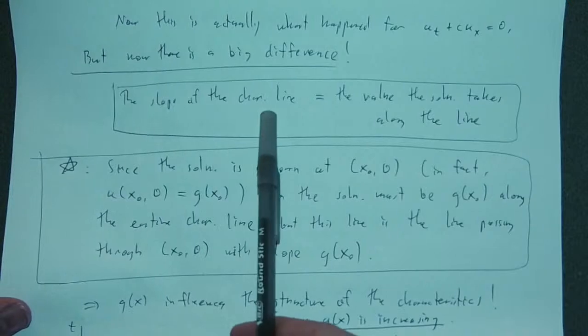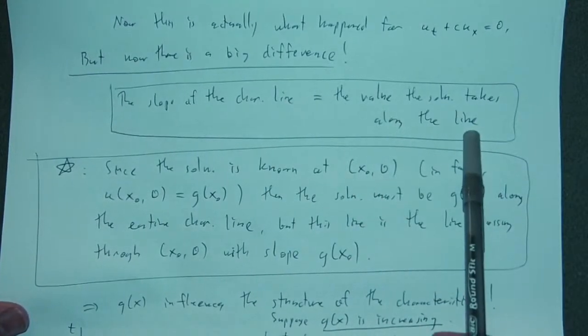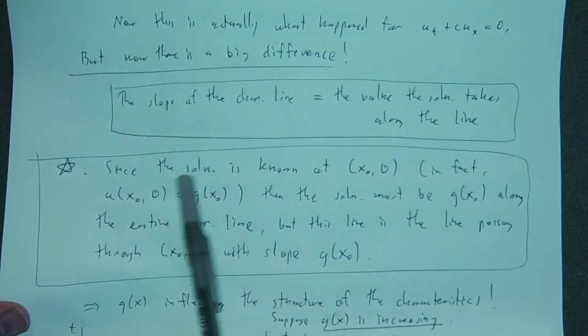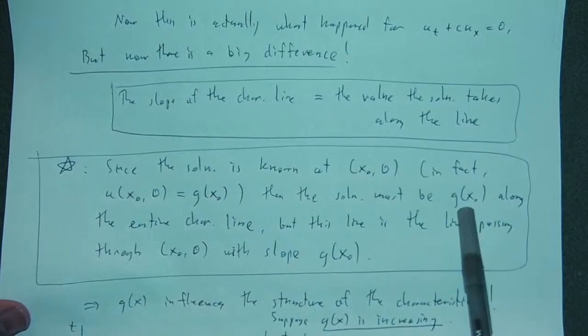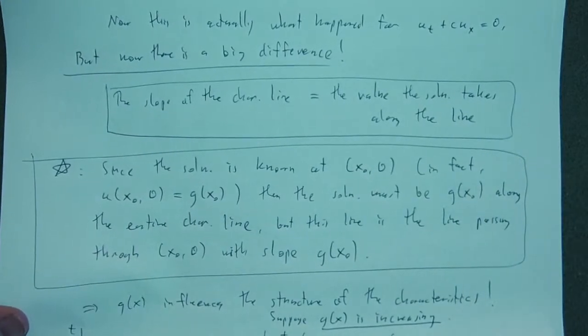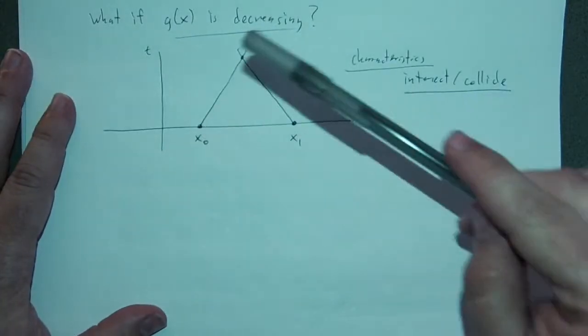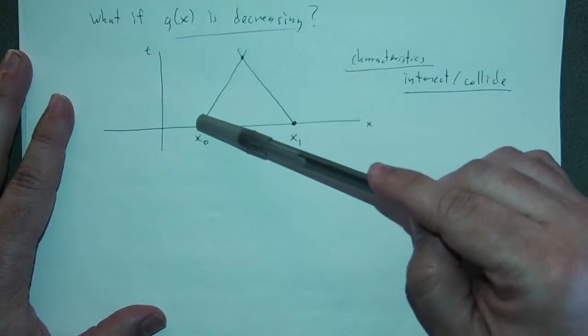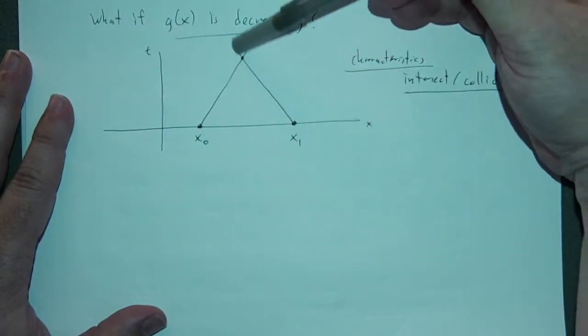The slope of the characteristic line is the value the solution takes along the line, right? So you have the solution known at your initial point. That solution has to be equal to that initial data function evaluated at that point along the entire characteristic line. So here, u has to be constant along this line at every single place.